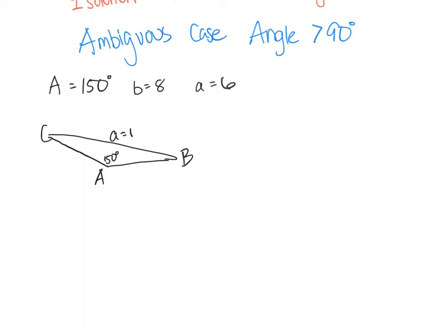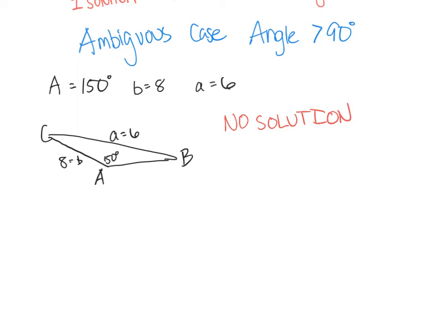Side A is 6, side B is 8. So I take a look at this, it's an ambiguous case. When the angle is greater than 90 degrees, I know that my largest side needs to be across from my largest angle. I can see right here that 150 is across from 6, but this side is larger, so I can automatically just say this is a no solution problem.